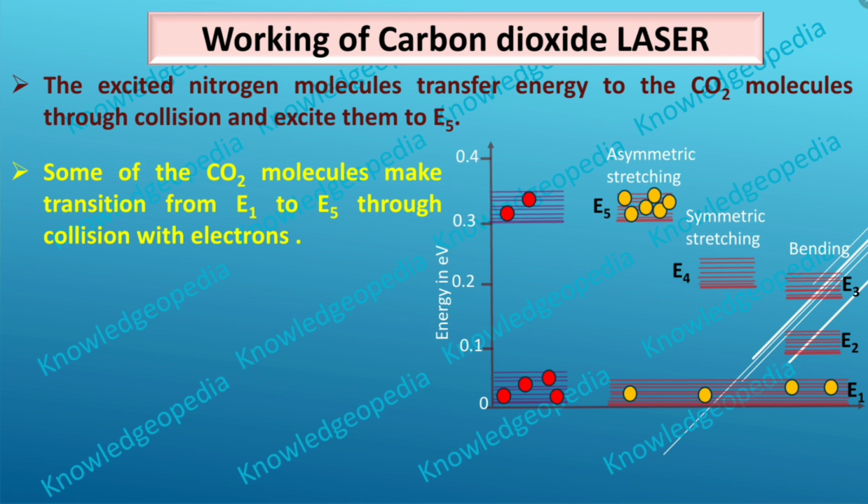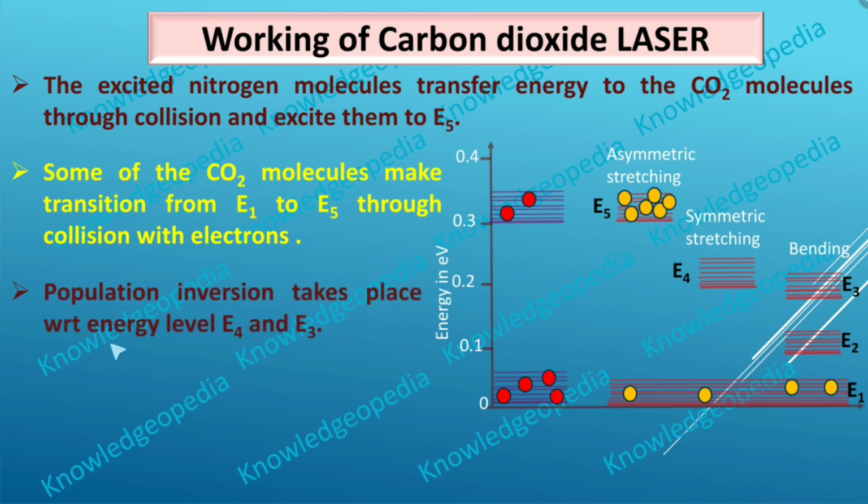Thus, if we compare the energy levels E5, E4 and E3, population inversion takes place with respect to energy levels E4 and E3, because here we have a very high number of carbon dioxide molecules as compared to E4 and E3. So this is the most important condition we need to have to get lasing action. So population inversion took place.